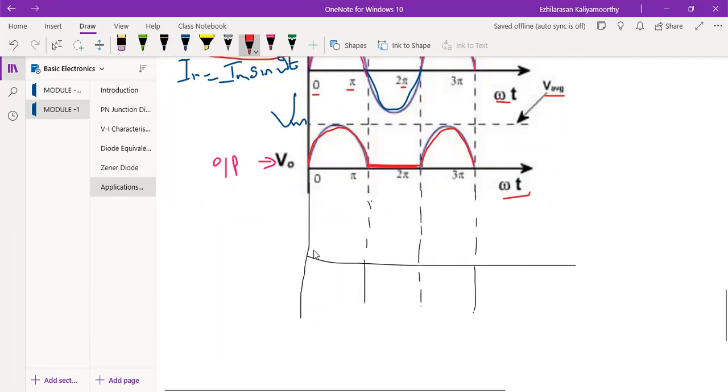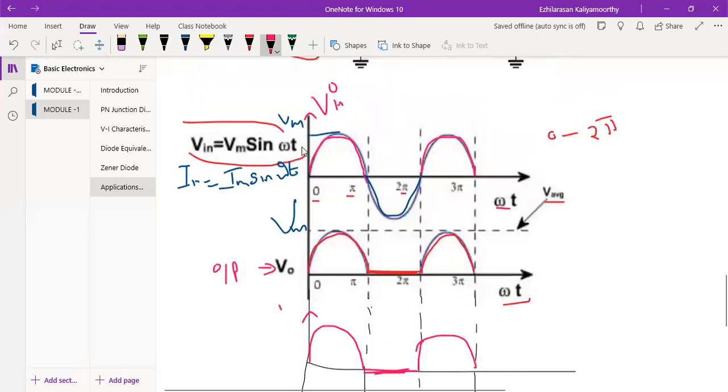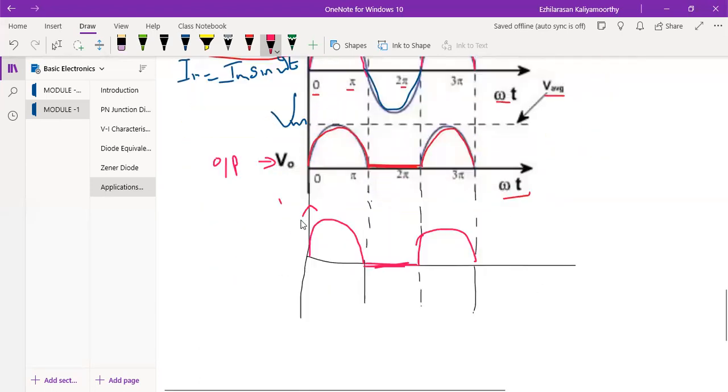Right? This is what I'll get. This is 0 actually. About current, this is an example I'm saying. Here we took Vin, right?